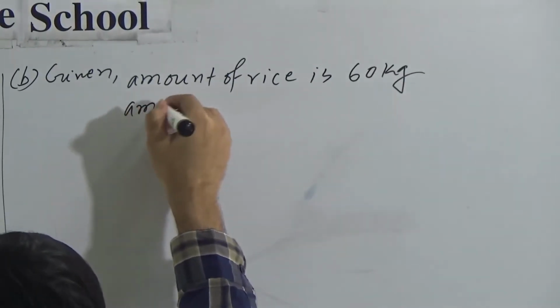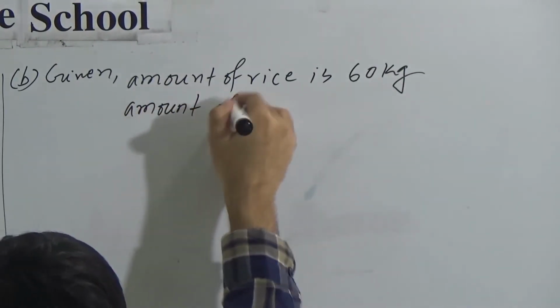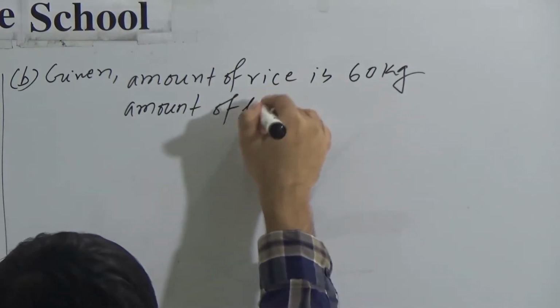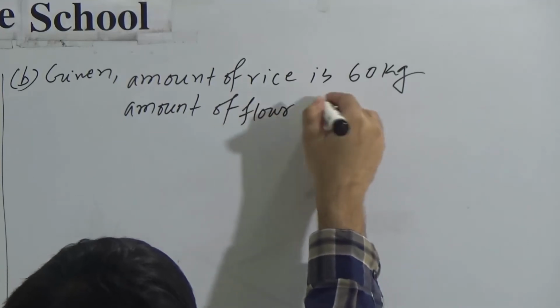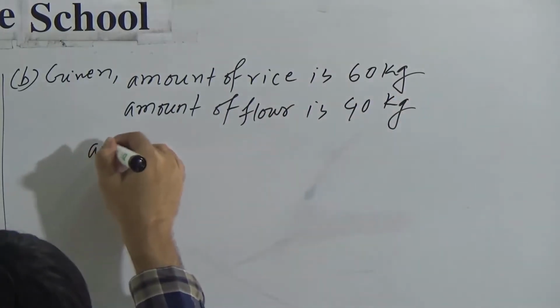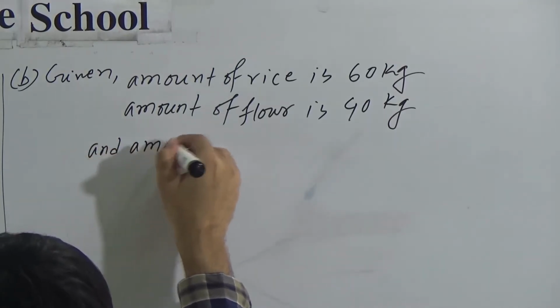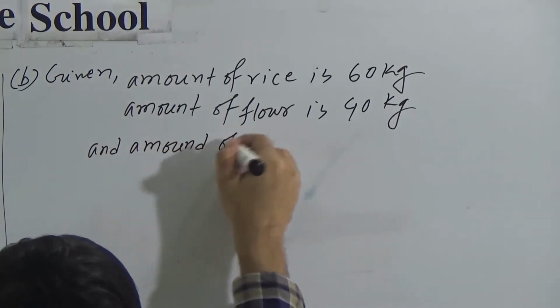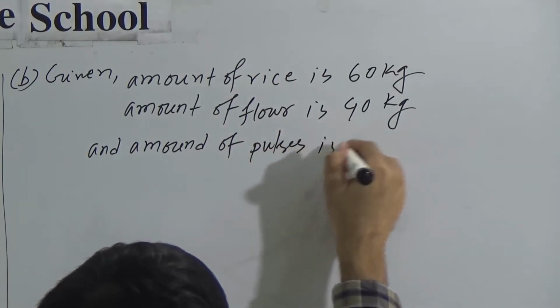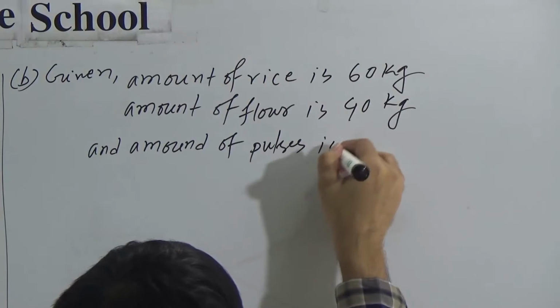Amount of flour is 40 kg and amount of pulses is 32 kg.